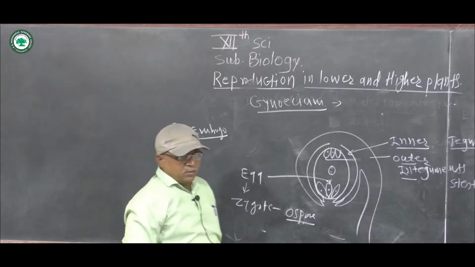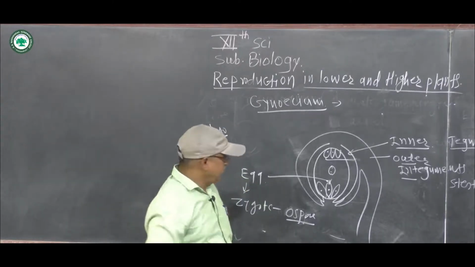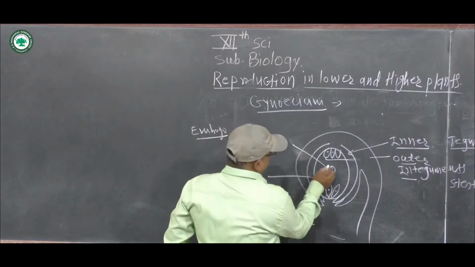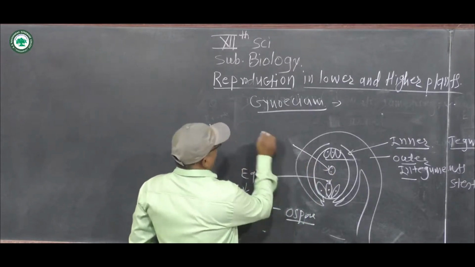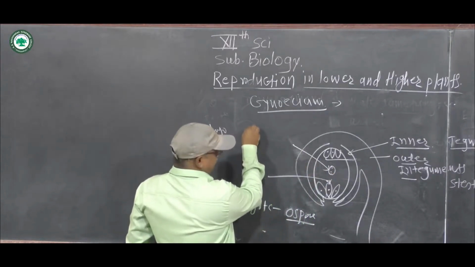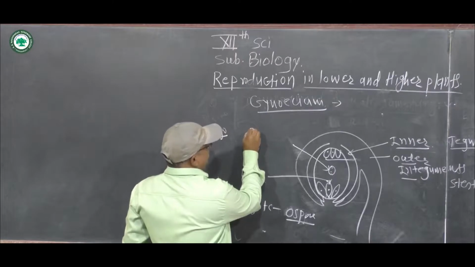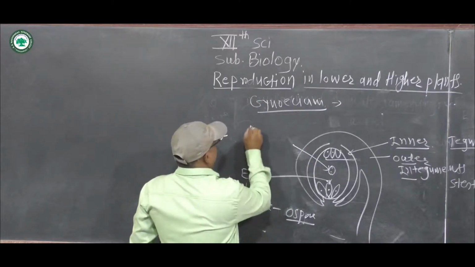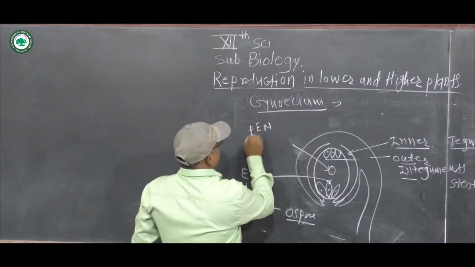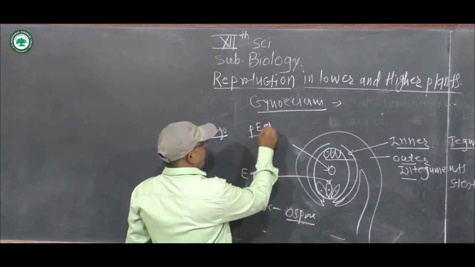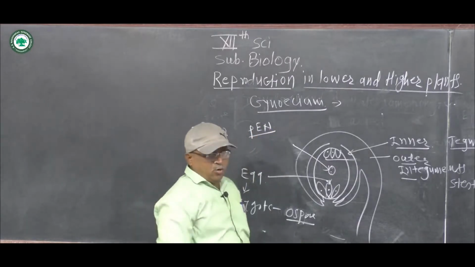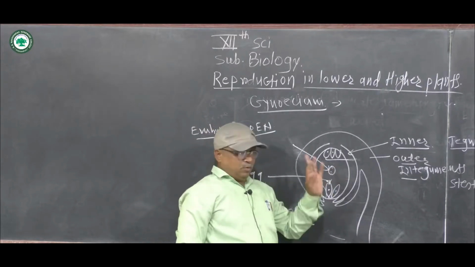Female gametes. Secondary nucleus after double fertilization develops into the PEN, that is primary endospermic nucleus, and later on endosperm is developed.